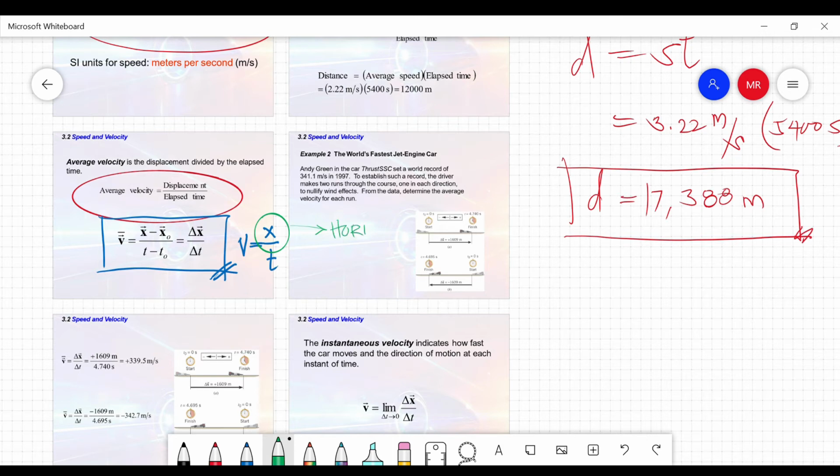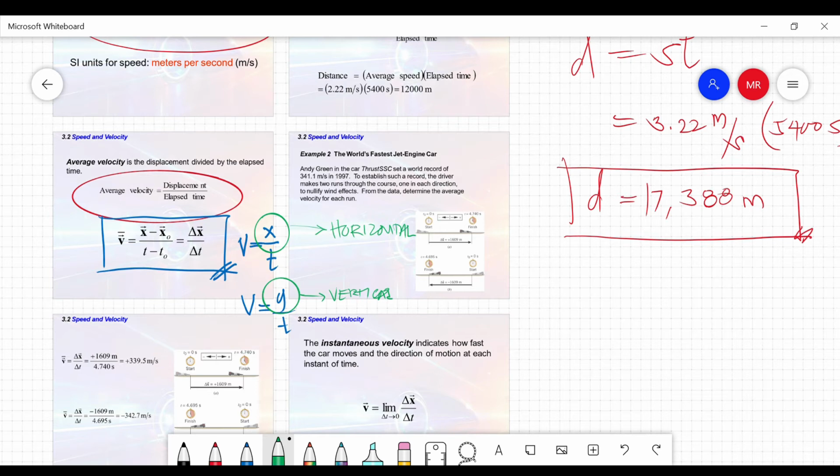Kapag vertical naman, gagawin lang natin ang equation na v is equal to y over t, para ma-determine natin kung yung object ay moving horizontal or vertical. So, ito ay for vertical motion. Okay? So, ganun lang. Para mas madali yung pag-analyze natin later on kapag nakaka-encounter tayo ng mga problem.